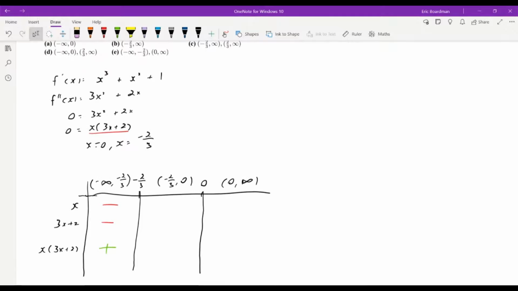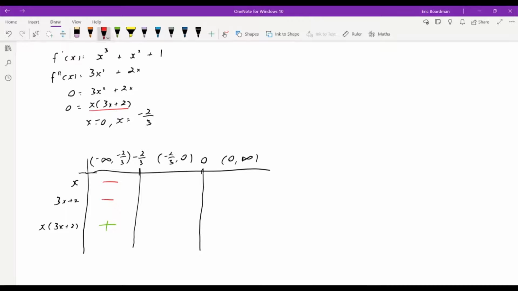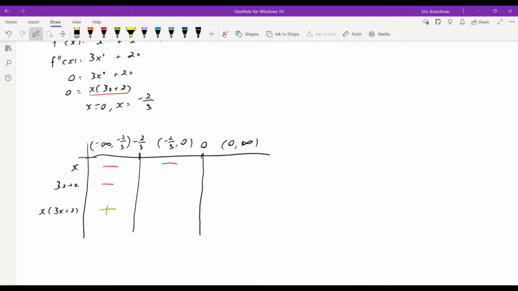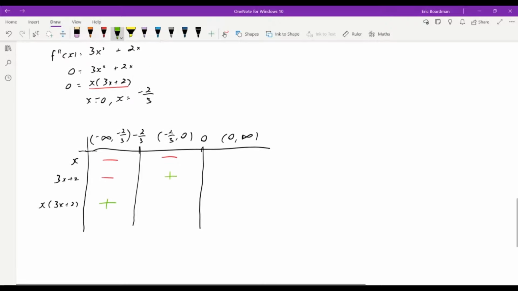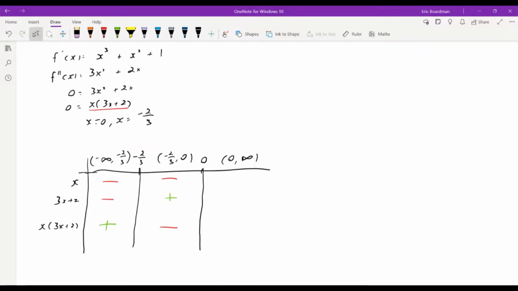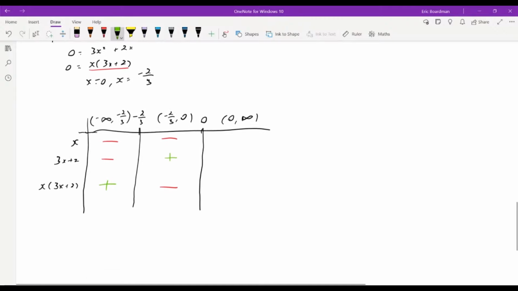And then in between -2/3 and 0, I can see that x is going to be negative. Once again, you can just put in a number, but x is going to be negative, and 3x plus 2 should be positive. So a negative times a positive is a negative. And then in between 0 and infinity, both of them will be positive.